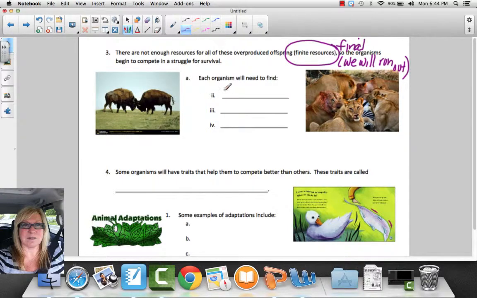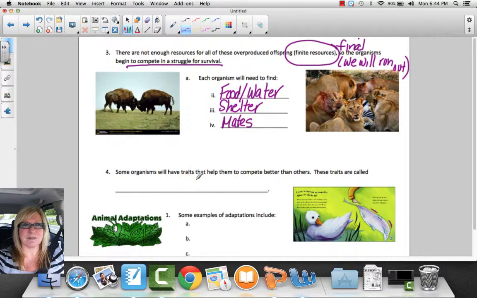Because each organism needs to find food and water. So if we overproduce, there may not be enough food, shelter, and mates if they want to reproduce and keep the species going. So they begin to compete for these things, and only the fittest will survive.